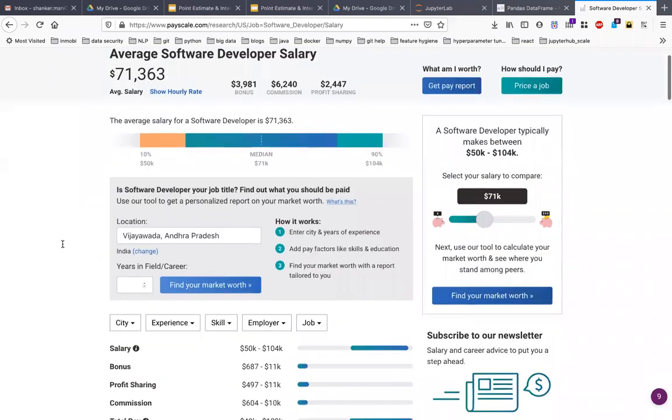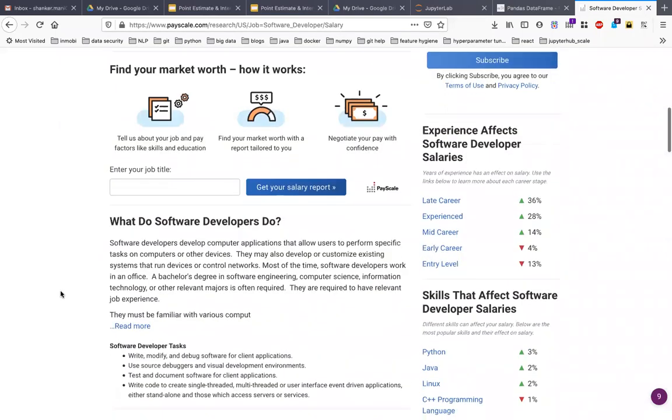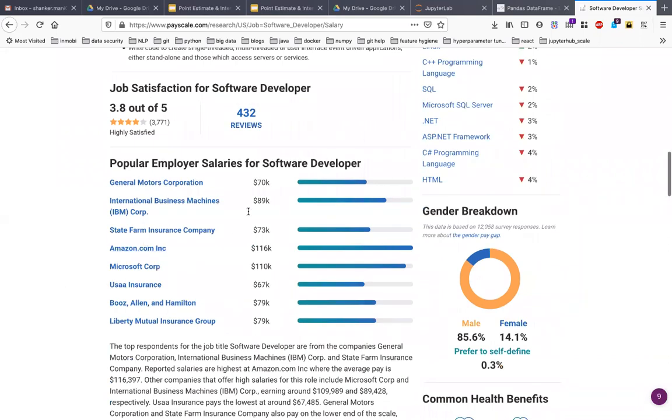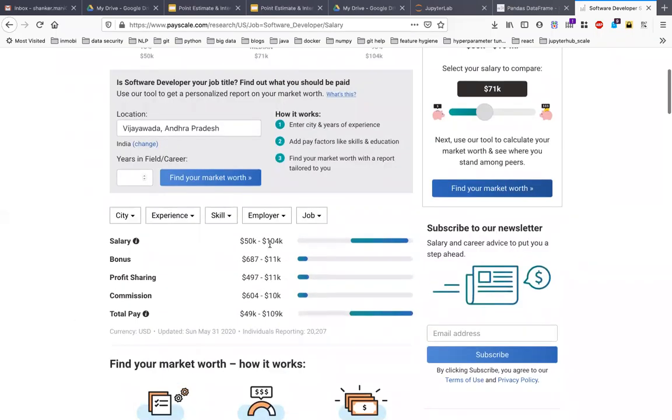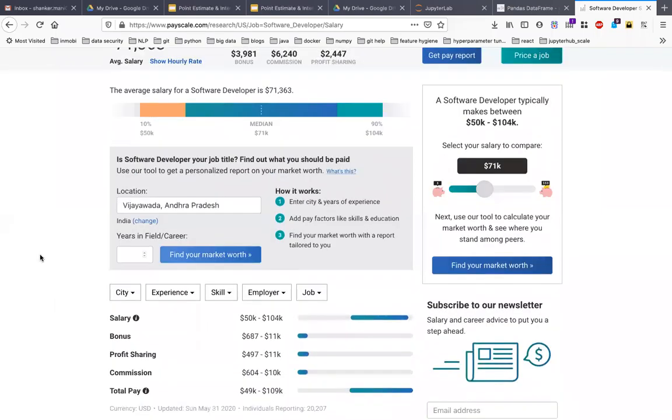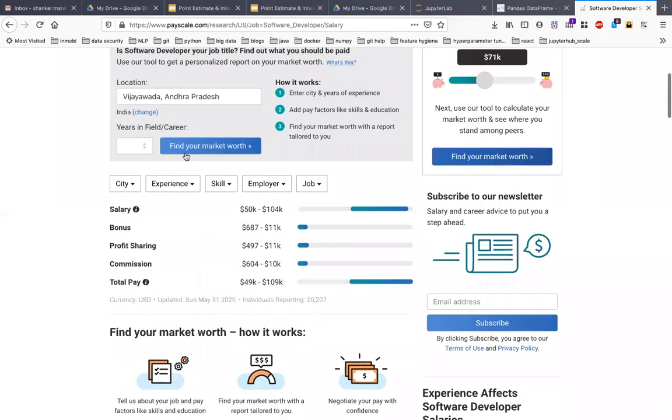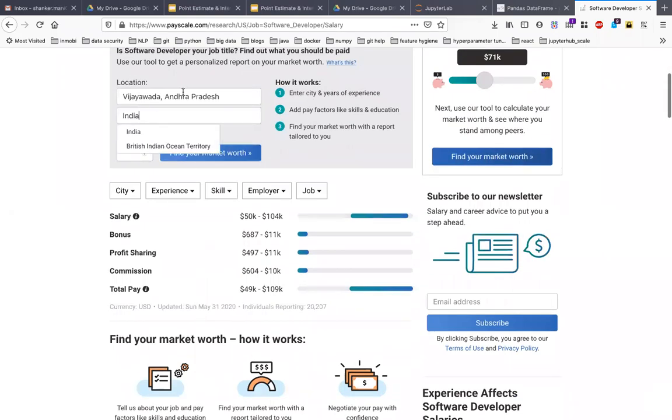Okay, so they're giving you the scale, and which are the bigger companies, who is paying more, and what is the range, right? So 50,000 to 104. So you can ask PayScale, how come you came up with this interval estimate, right? Are you 90% confident, or how much percentage are you confident? As you can see here, right? So let me change it to Bangalore.